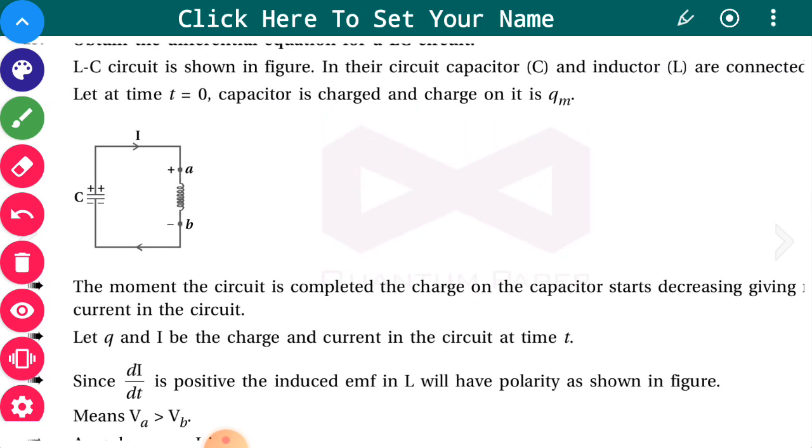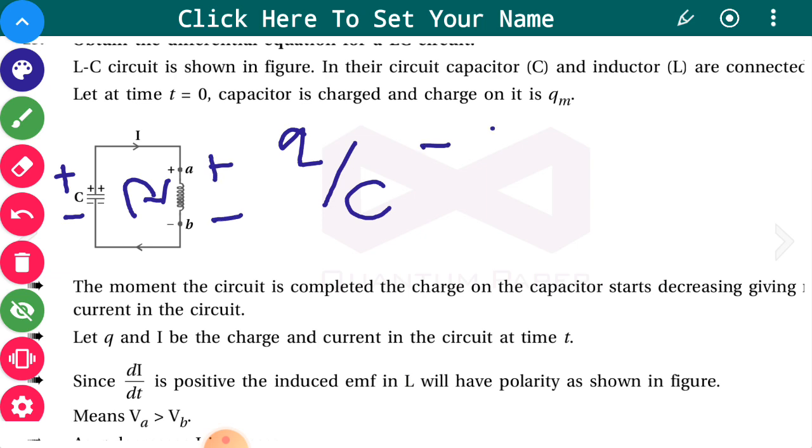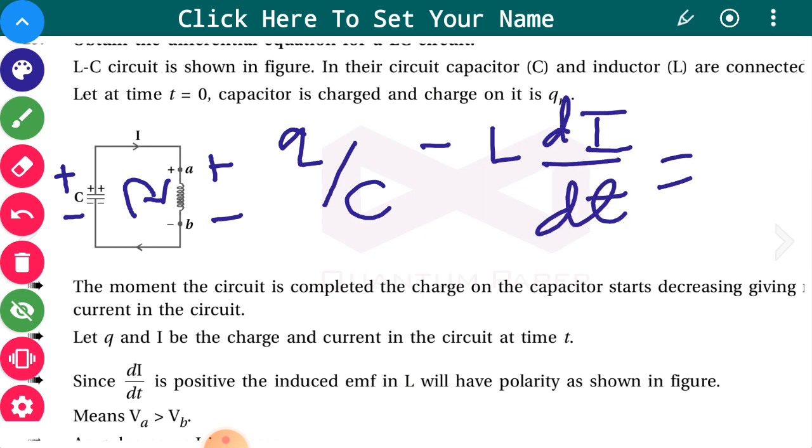It is positive q upon C because going from minus to plus across the capacitor the potential difference is positive, and here going from positive to negative, it is minus L di by dt, and that is equal to 0.